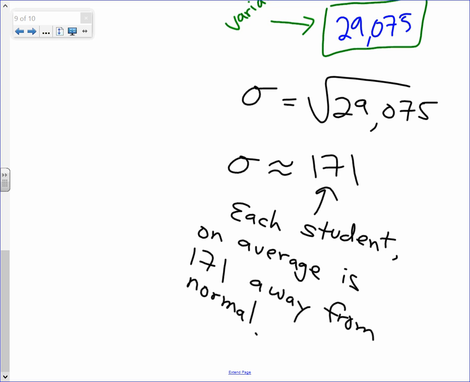Each student on average is 171 away from normal. And when I say normal, I mean the mean.